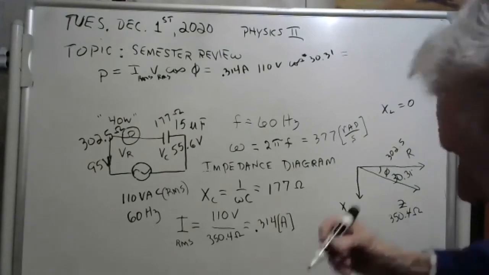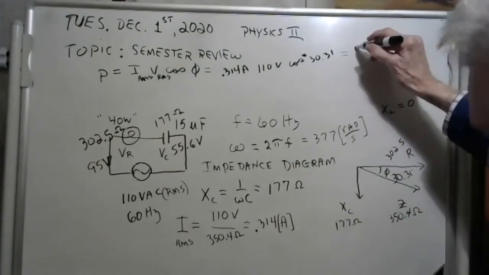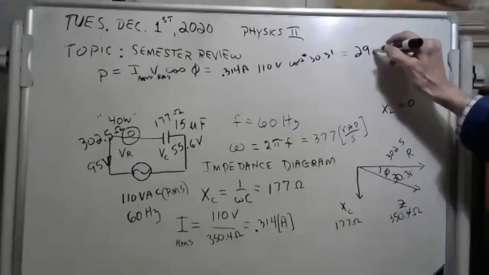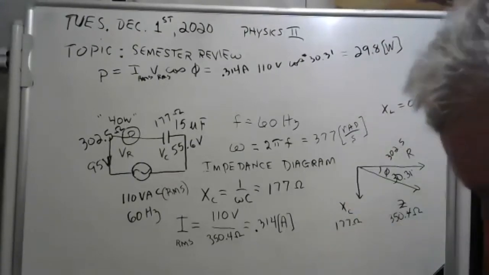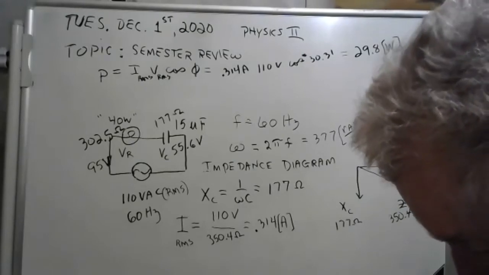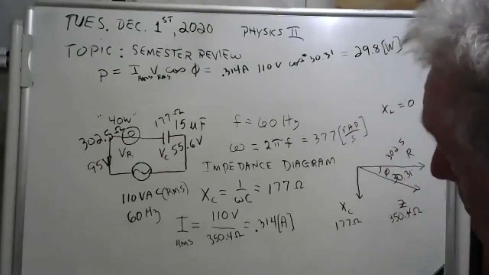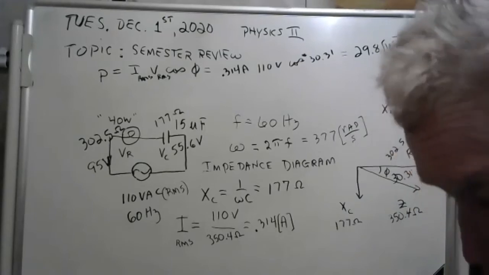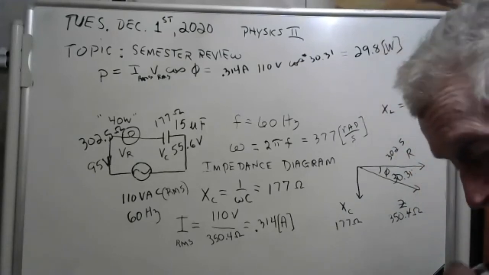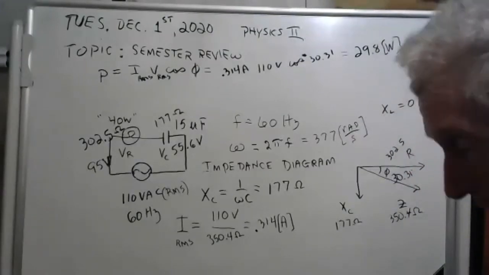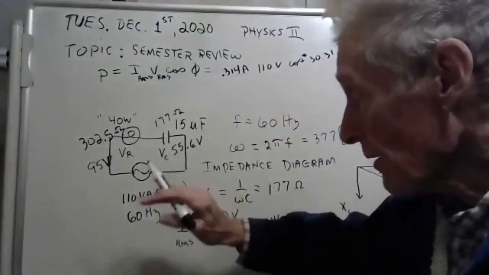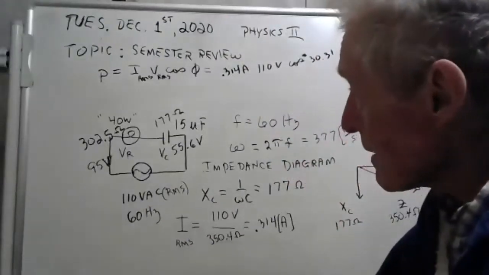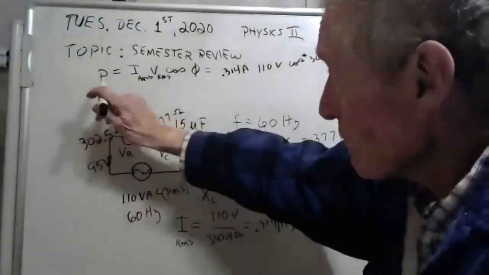Well, I got the power. Yeah, I came out with 29.8 watts. Do you agree with that? Yeah. Okay. Now there's another way to get this power. You got to understand something. This is average power.